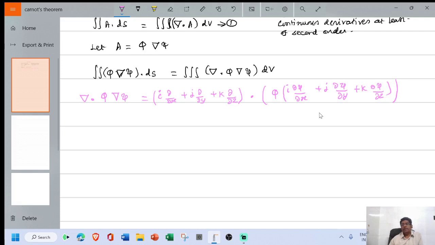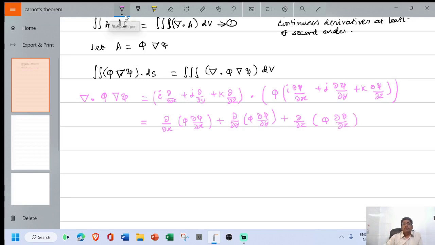So this is grad psi, which is equal to i dot i, therefore, dou by dou x of phi dou psi by dou x, plus j dot j, dou by dou y of phi dou psi by dou y, plus k dot k, dou by dou z of phi dou psi by dou z.